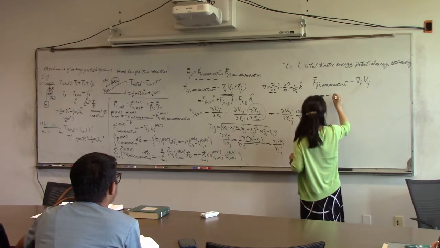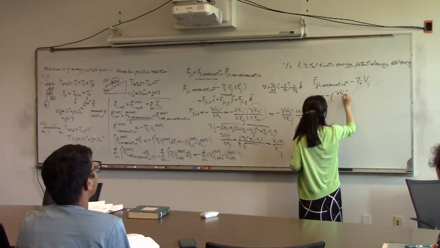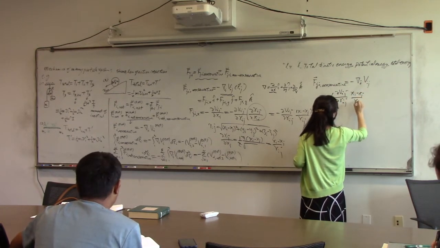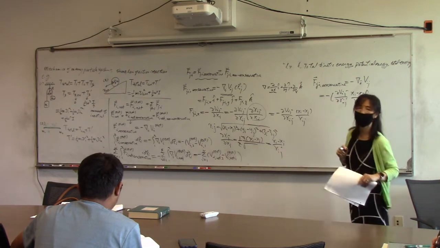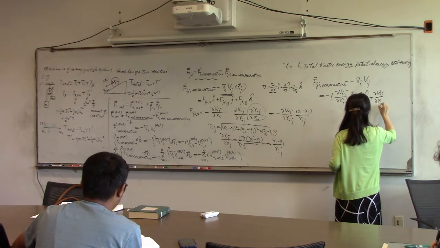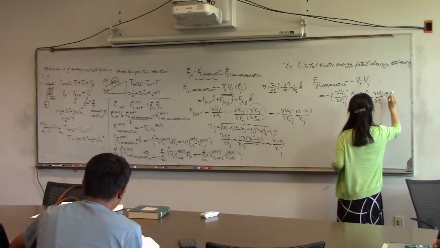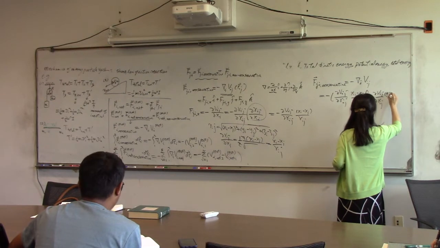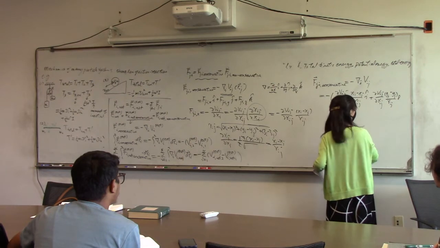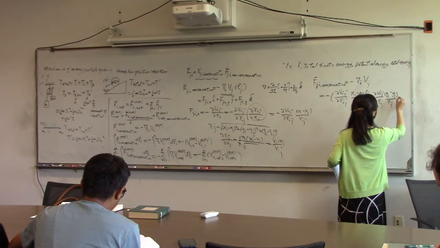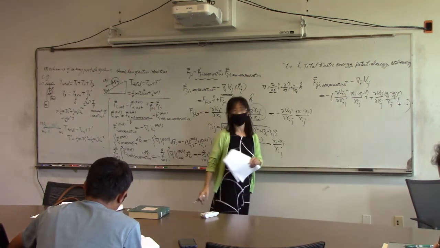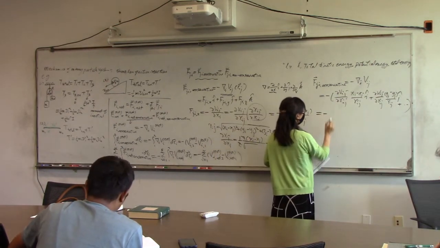The first one is partial Vij over partial Rij times (xi minus xj) over Rij, i hat, and then partial Vij over partial Rij times (yi minus yj) over Rij, j hat. And the k, I mean the z component, I just skip.